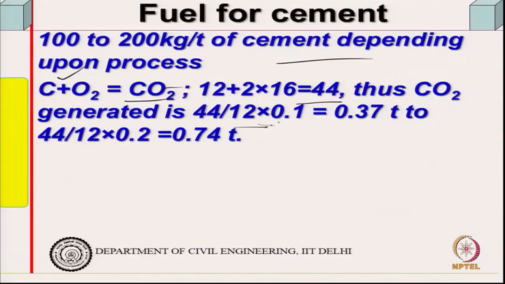So, if you look at it, 44 by 12, right. 100 kg we said is 0.1 ton, I need 100 kg of fuel, which means 0.1 ton. So, if I use 0.1 ton then I get 0.37 tons of carbon dioxide, and let us say this 100 kg is pure carbon.